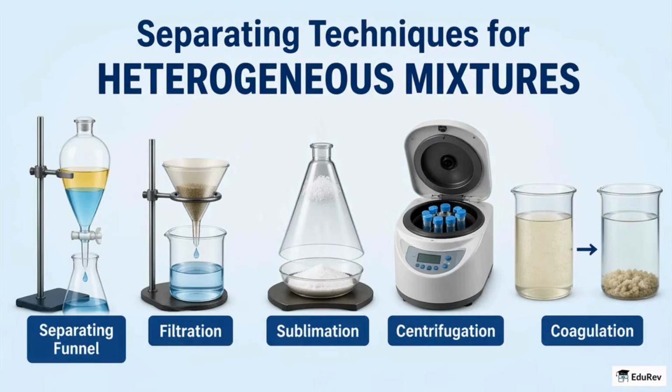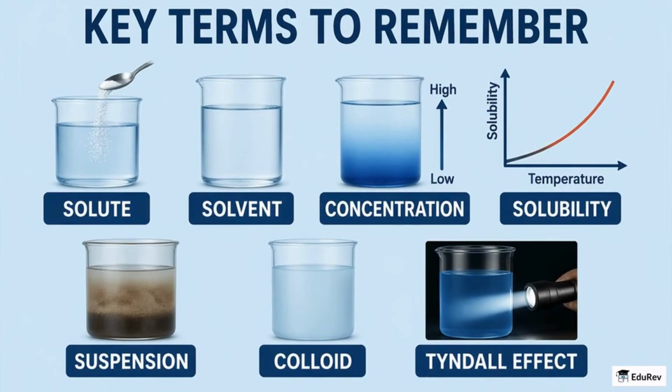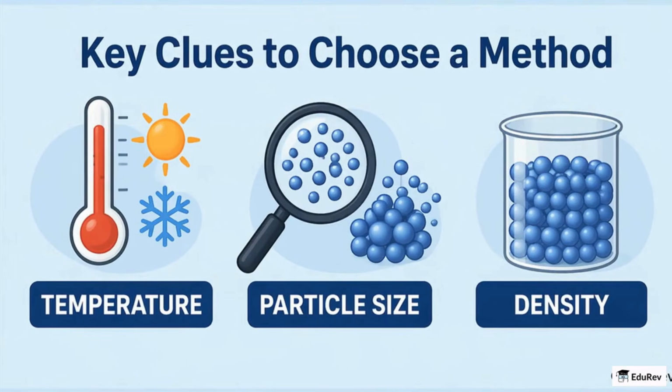For heterogeneous mixtures, use separating funnels, filtration, sublimation, centrifugation, or coagulation as appropriate. Remember key terms: solute, solvent, concentration, solubility, suspension, colloid, and the Tyndall effect. And keep in mind that temperature, particle size, and density are the practical clues that help us pick a method.